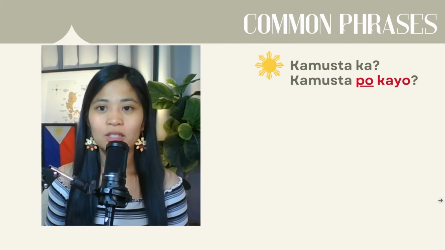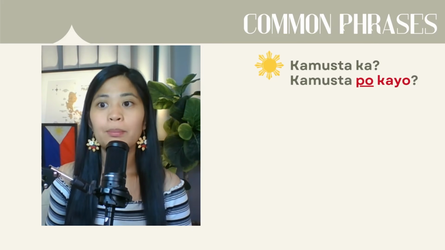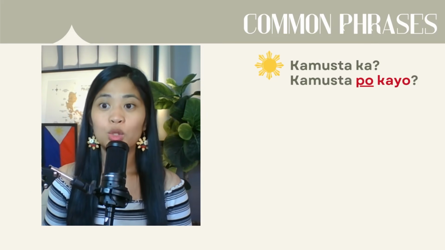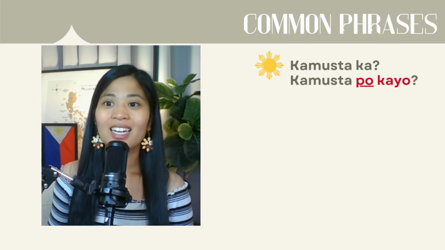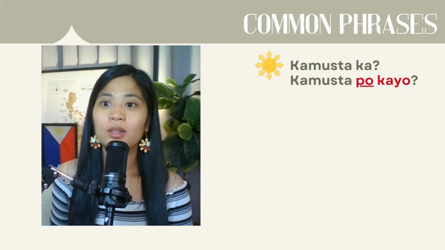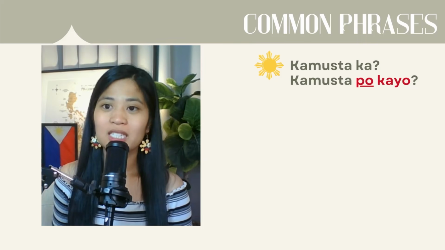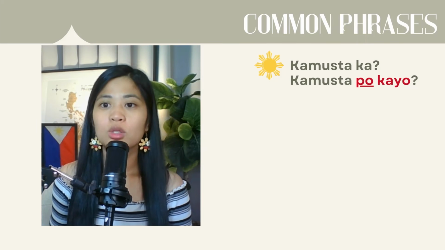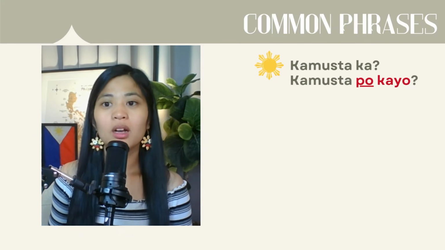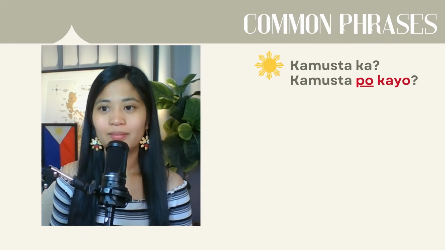Kamusta ka turns into kamusta po kayo. So po is the second word in this question. And then ka becomes kayo. So that is an example of where the singular you pronoun becomes a plural you pronoun. So kamusta ka becomes kamusta po kayo.